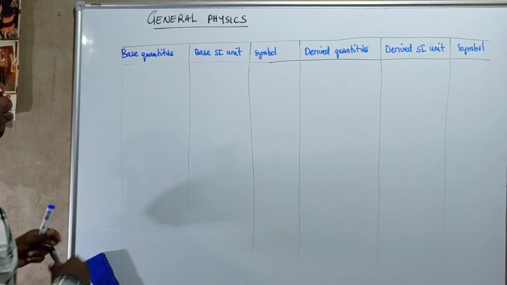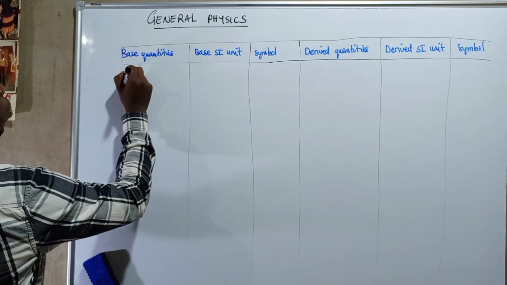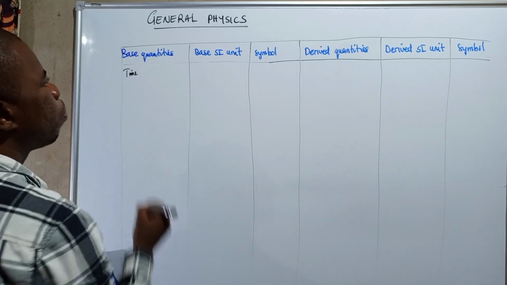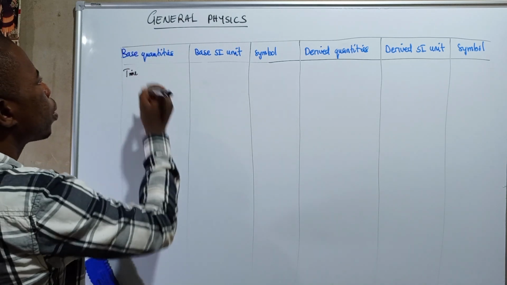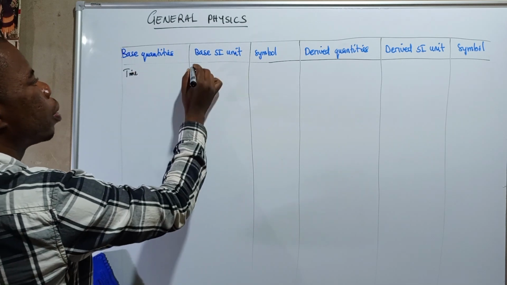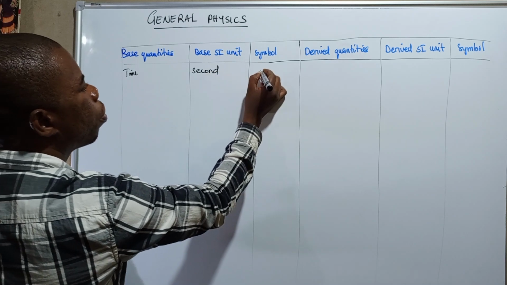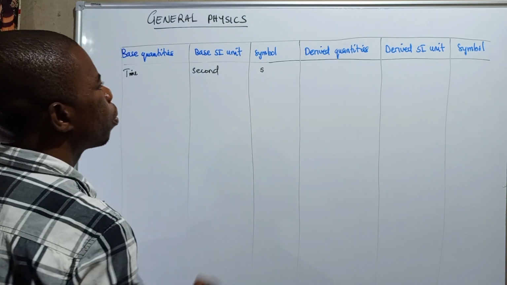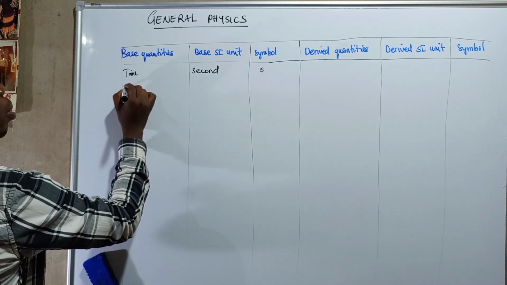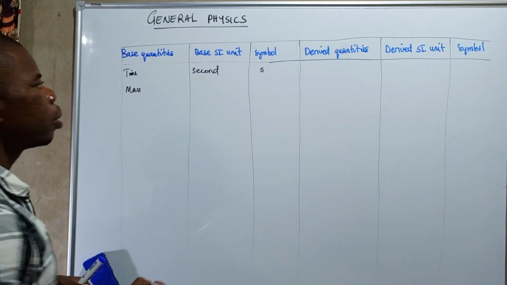So we have base quantities. The first one we talked about was time. Time is a basic quantity. Now, what unit do we use to measure time? It is the second. Symbol small letter s. Then we go to mass, a base quantity.